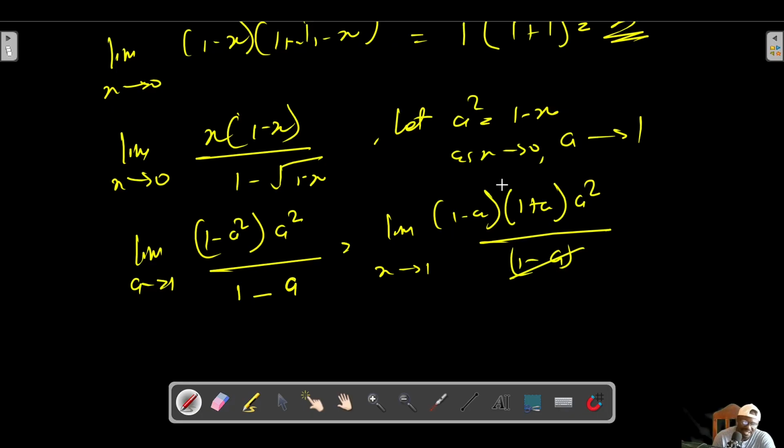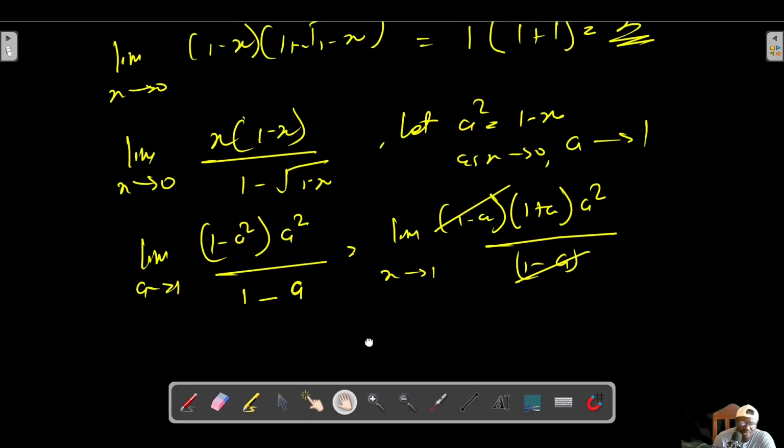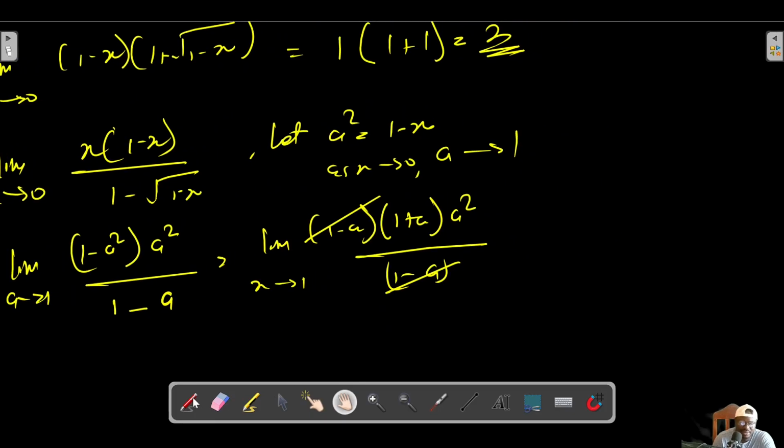So 1 minus a cancels out 1 minus a. What then do we get? We end up with the limit of 1 plus a multiplying a squared.